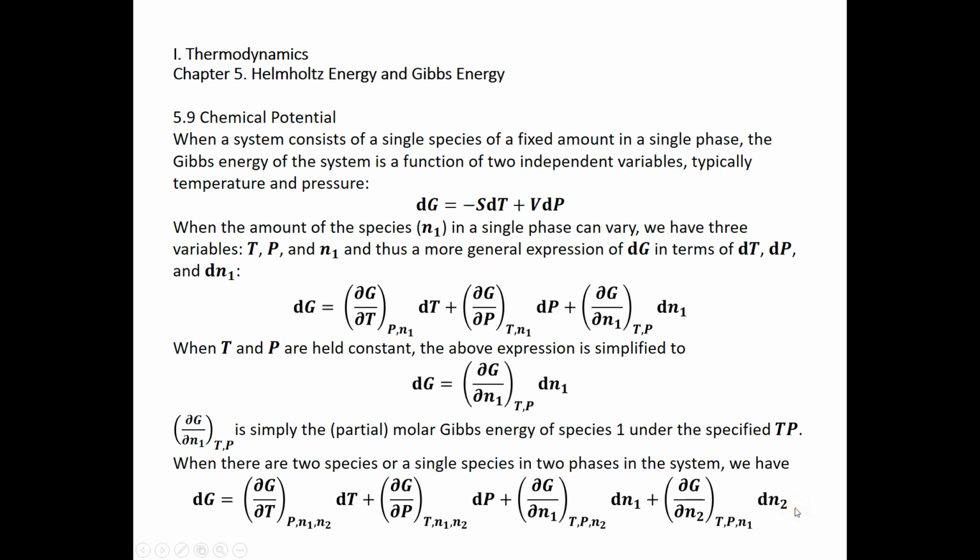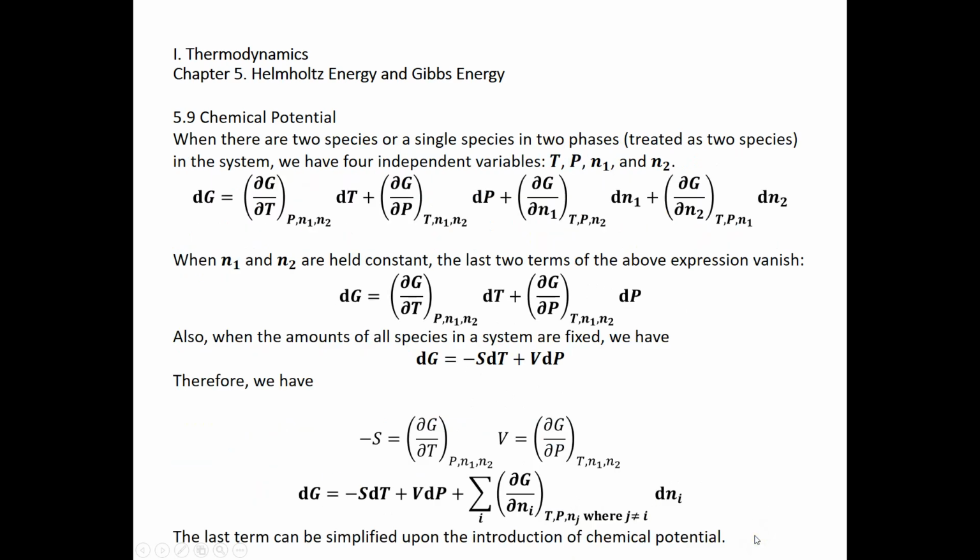Now we have four independent variables: temperature, pressure, N1, N2. We put those partial derivatives in front of those exact differentials, and we also need to pay attention to the subscripts. Over here, T, P and N2 are constant. Over here, T, P and N1 are constant.